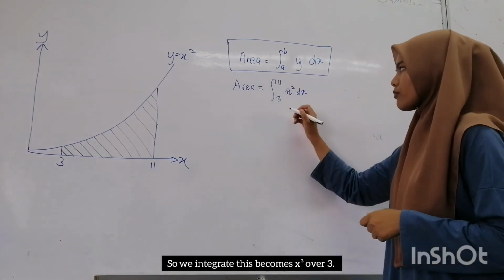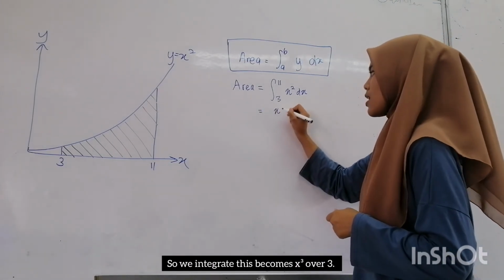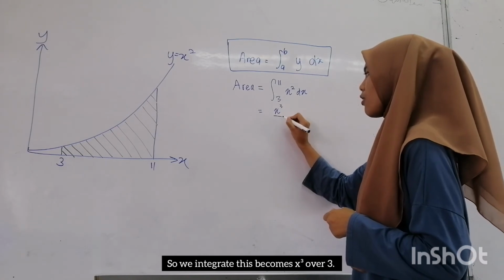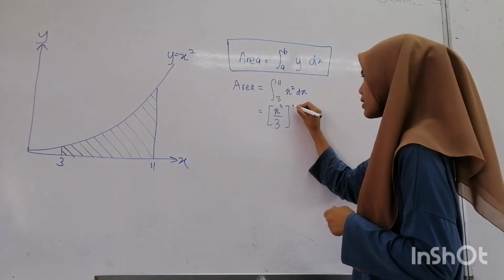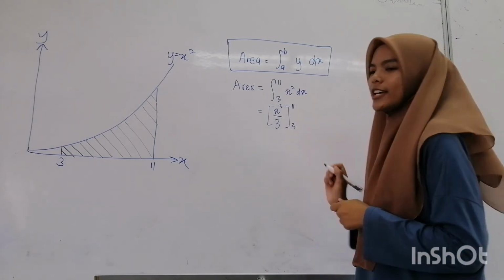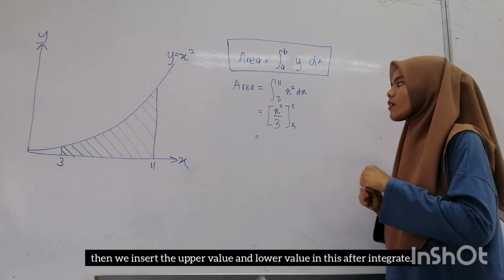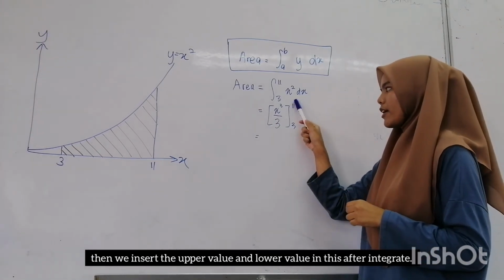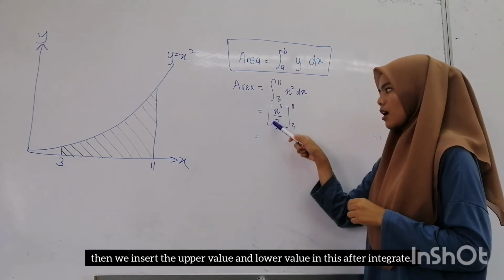So we integrate, this becomes x cubed over 3, from 3 to 11. Then we insert the upper value and lower value in this.